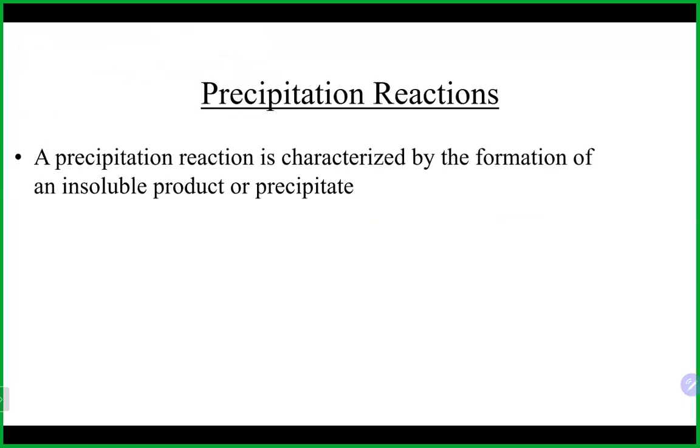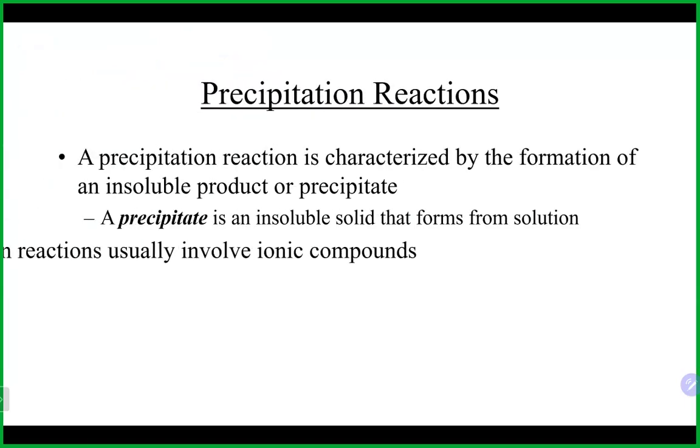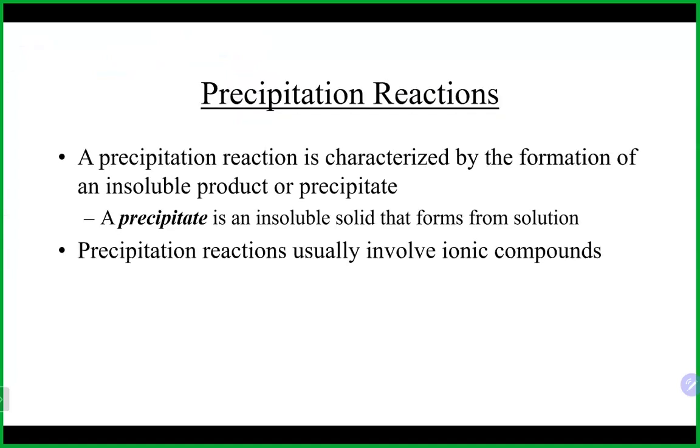All right, so let's take a look here. In a precipitation reaction, a precipitate is formed, and sometimes a precipitate is abbreviated PPT. So if you see PPT, it stands for a precipitate has been made.